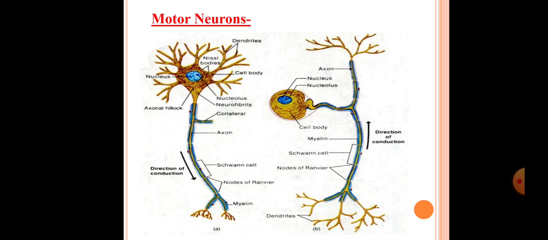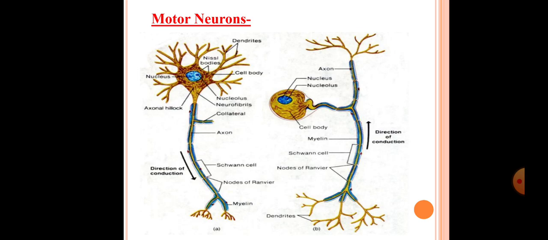These neurons are most common in nature and found in the cerebral cortex. They have one axon and two or more dendrites. So these are the three types of neuron based on polarity.